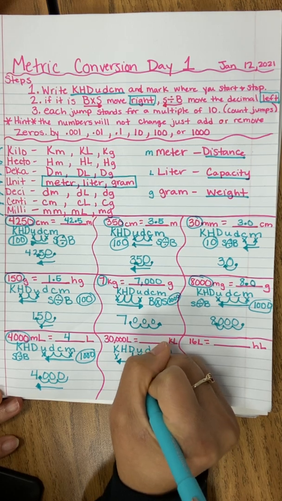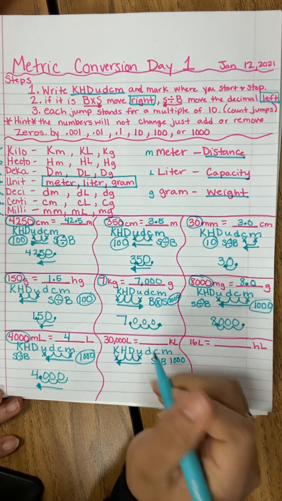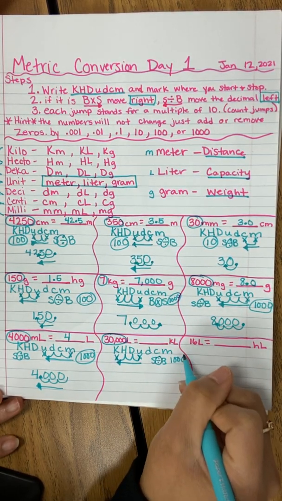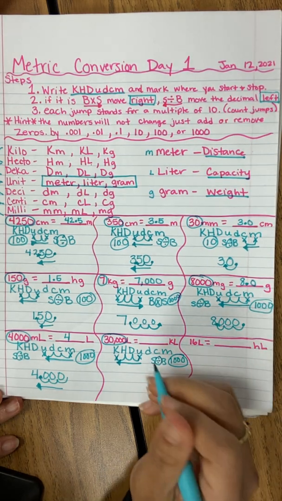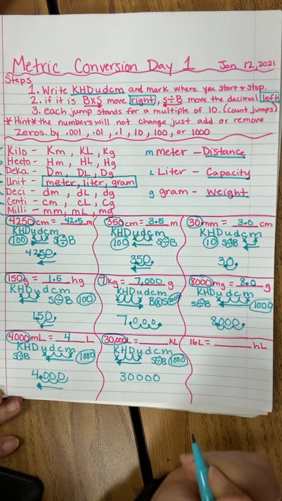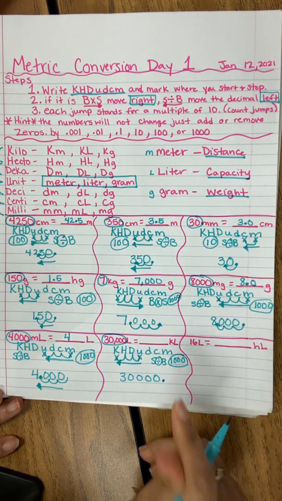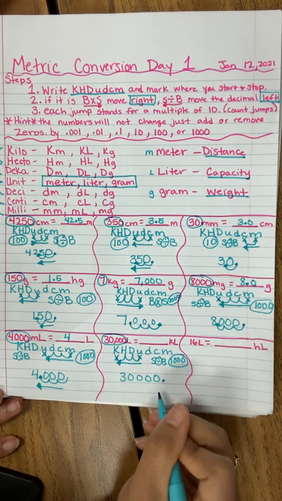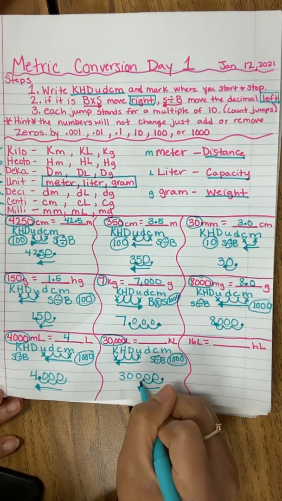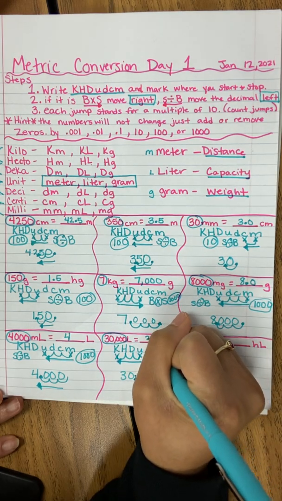And I made 1, 2, 3 jumps, which is worth 1,000. So I have 30,000 divided by 1,000. I need to write my 30,000 down here. And if I don't have a decimal, it goes at the end. I make my same 3 jumps that I just made in this direction. 1, 2, 3, and my decimal point falls here, and this is just going to become 30.